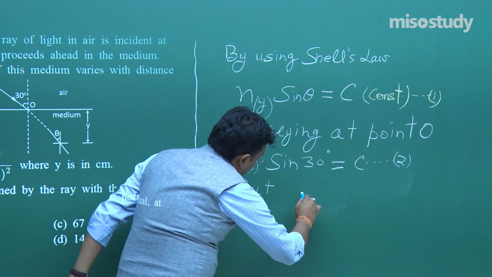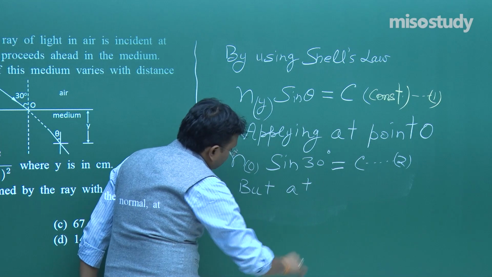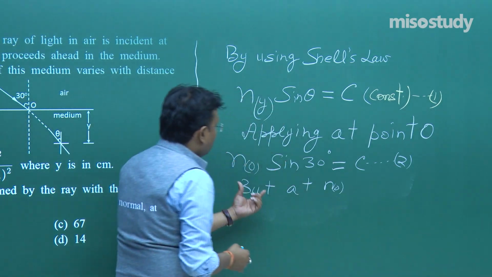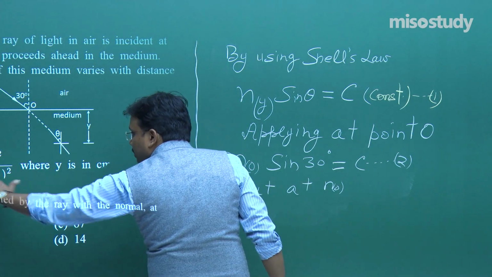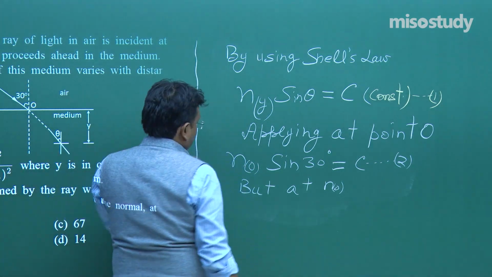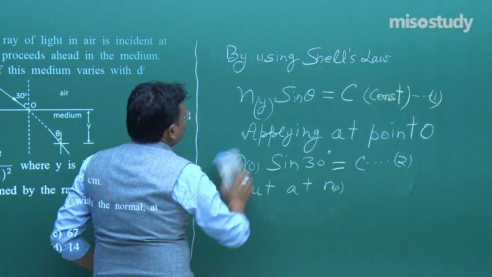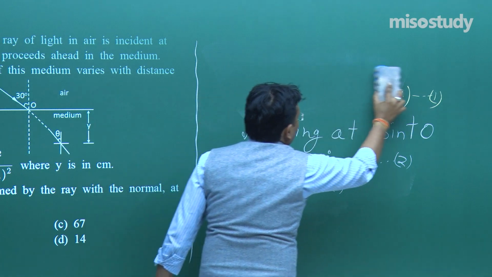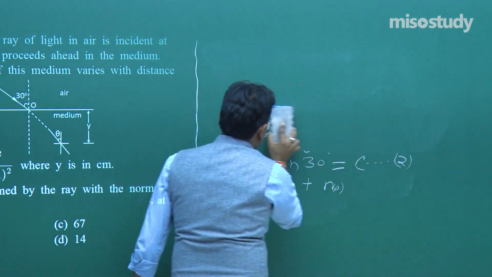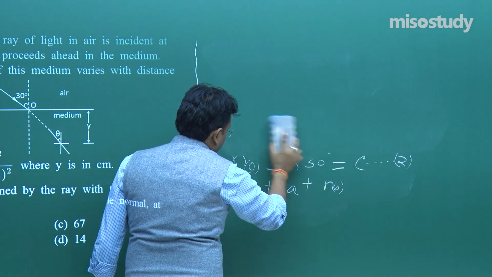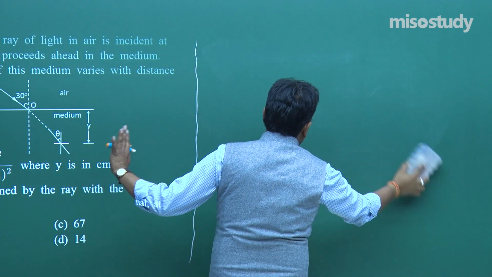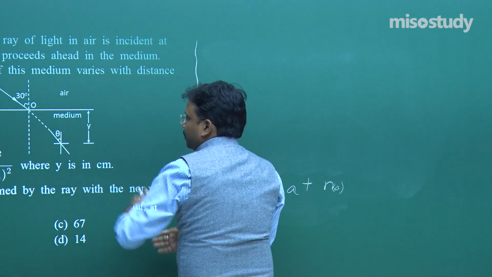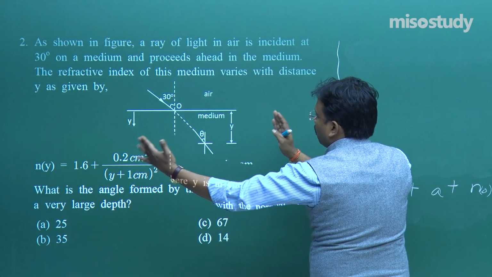But at n_0, what is the value of refractive index in general according to this equation? So let me erase this portion, and then I will explain the required situation. Fine, and that is why I am trying to utilize the place nearly available to me with this question, so that every time the question is in front of your eyes.